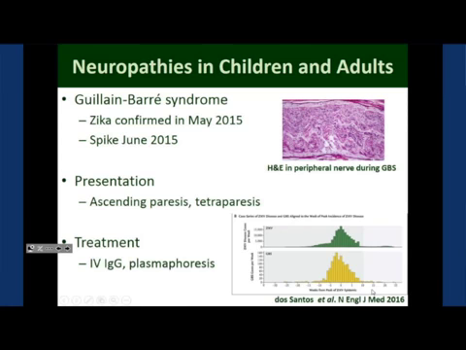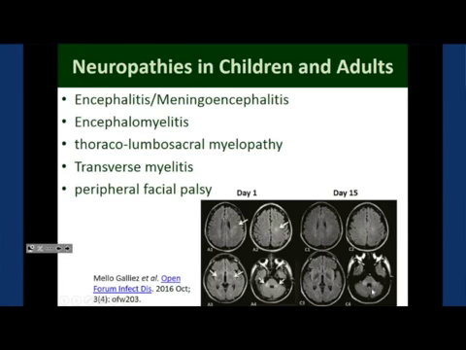That is good because there are also some that are not so temporary in children and adults. Zika has now been confirmed to cause encephalitis and meningoencephalitis. It's also been found to cause encephalomyelitis, transverse myelitis, peripheral facial palsy, all kinds of neurological defects from infection of an adult.